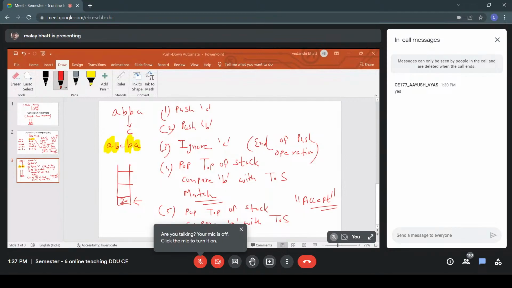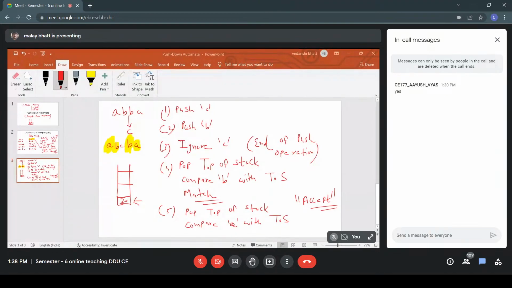Match will be found. Then again we'll proceed further. We'll get the next input symbol. So the next input symbol is again A. We'll get the top of the stack and compare both. When both are matching, we'll go for the next symbol. So when the input is over, it is the end of the input, we'll stop the process and we can say our ABCBA is a valid odd length palindrome.